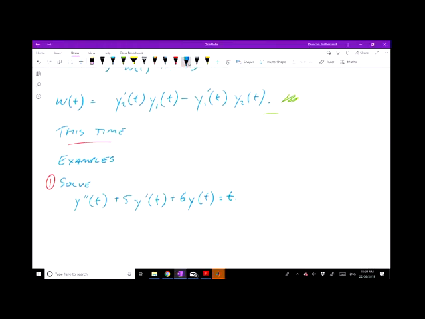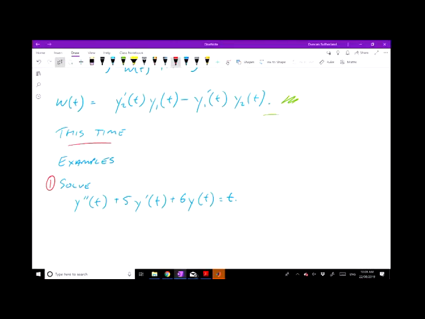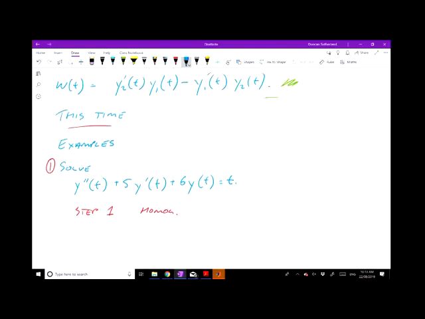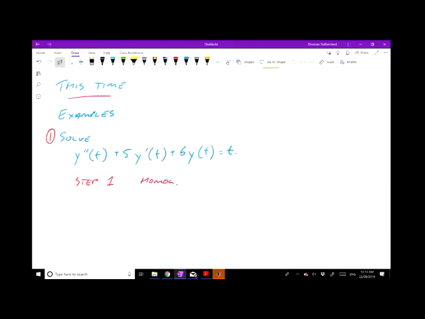But what we're going to do is apply variation of parameters. Again, we need our y1 and our y2, which are the parts of the solution of the homogeneous problem. So we're going to solve the homogeneous problem first. I'm going to belt through that really quickly.